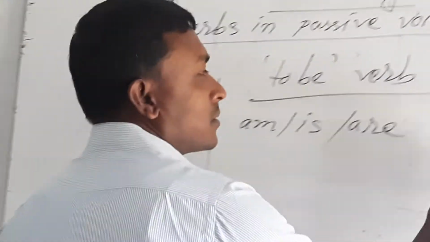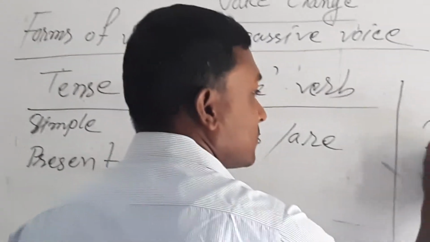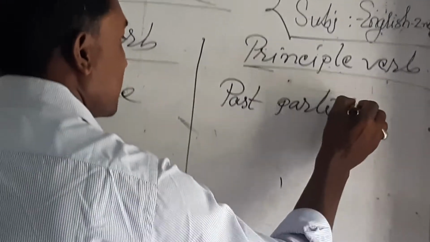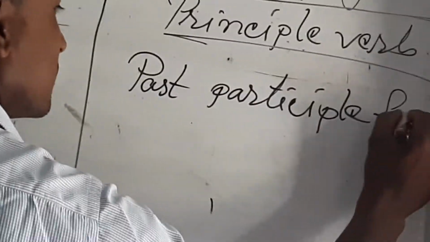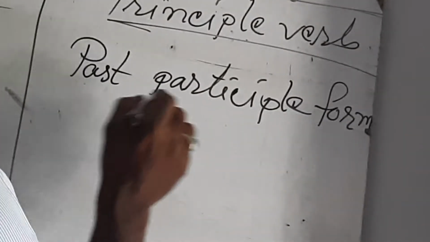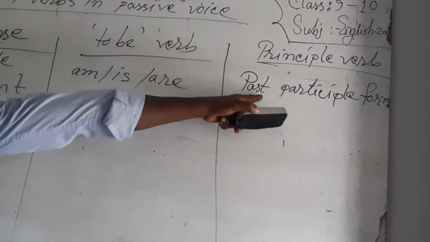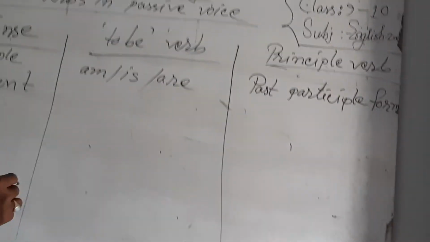Remember it: in passive voice, the principal verb always takes the past participle form.